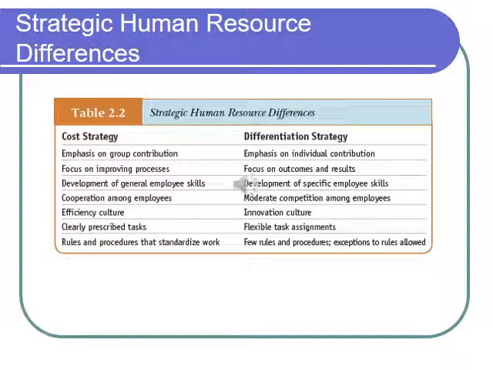While in differentiation strategy, you are flexible in assigning tasks to your employees, so employees can achieve their targets based on flexible time schedules and flexible availability. If you have cost strategy, rules and procedures that standardize work are very important to you. If you have differentiation strategy, you have few rules and procedures, and your employees are allowed to deviate from standards.